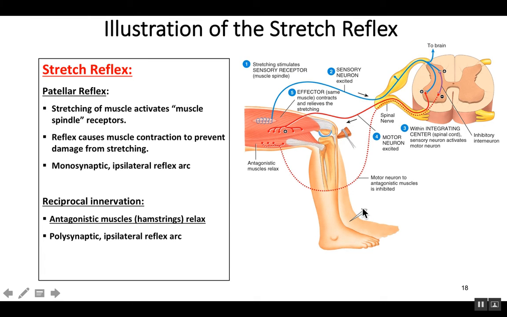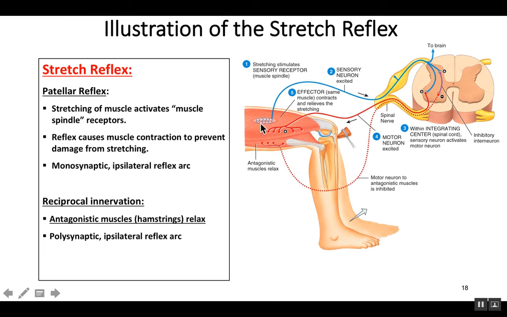Now, when your quadricep muscle contracts, you have to relax the antagonistic muscle, your hamstring. So there's actually a reciprocal reflex, a reciprocal innervation. The same sensory stimulus comes in, but now we're also going to stimulate an interneuron, and the interneuron inhibits the motor neuron which goes to your hamstring.